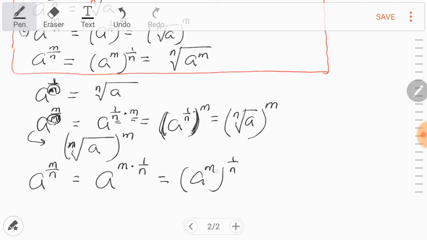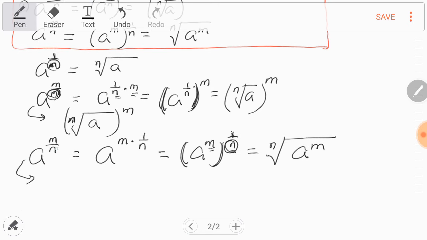So we can multiply m and 1 over n, and it becomes m over n. Since the base is raised to the 1 over n, this n goes to the index, and the base stays there. So we can write it as a to the m over n, then this n goes to the index, and m stays there.